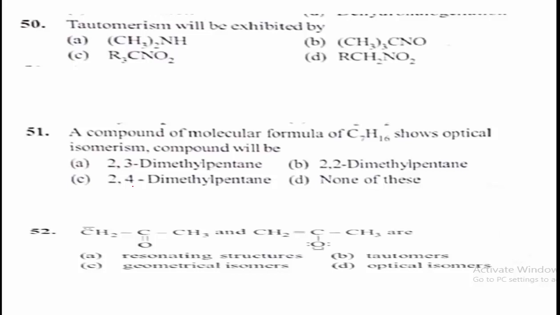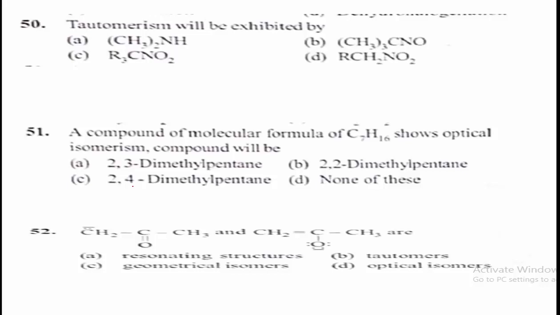The point is, tautomerism is exhibited by oscillation of a hydrogen atom between two polyvalent atoms present in the molecule. Students, when you observe the given options, only structure D has an alpha hydrogen atom.